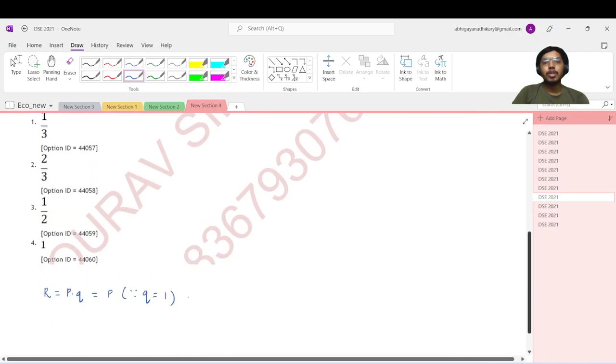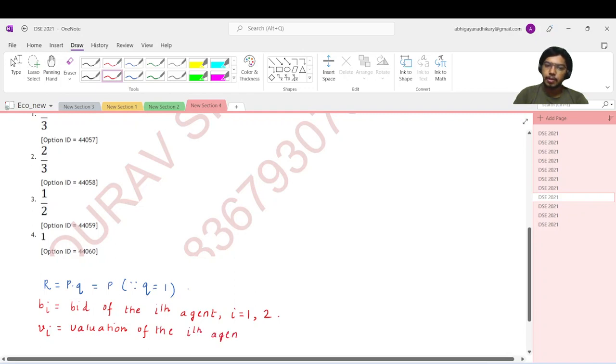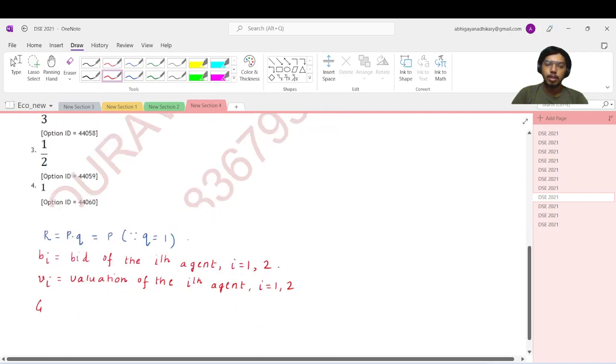Now there are two informations that are given. So let me just have a few notations clear. Let us suppose Bi is the bid of the i-th agent, where i equals 1, 2, and Vi is the valuation of the i-th agent, i equals 1, 2. And what are we given? That both the agents bid truthfully.